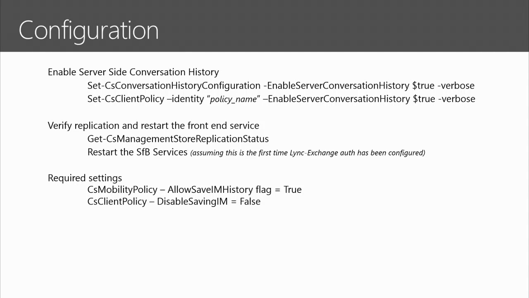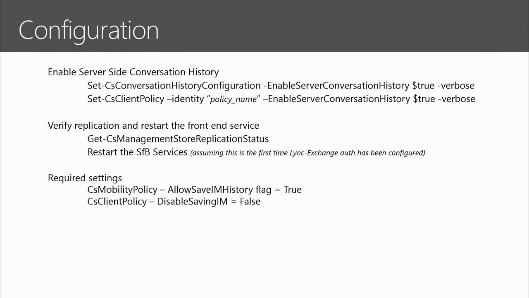We are also making an assumption here that the CS mobility policy flag of allow save IM history, as well as the client policy flag of disable saving IM, these two flags are admin-controlled flags that determine whether the mobile apps save conversations.